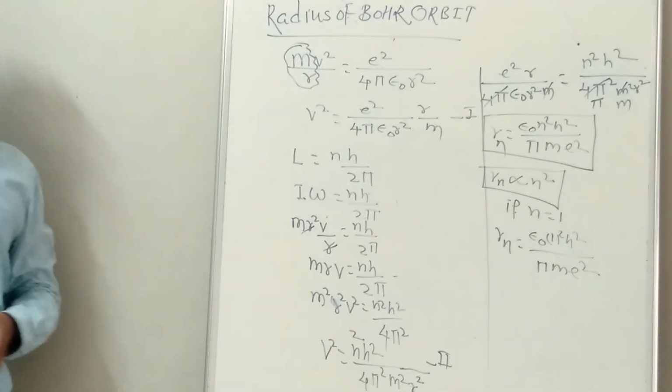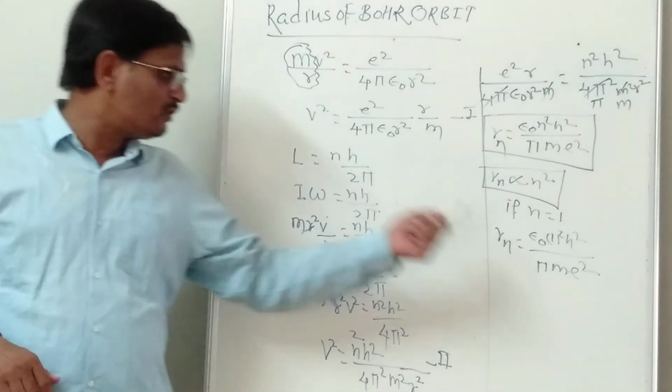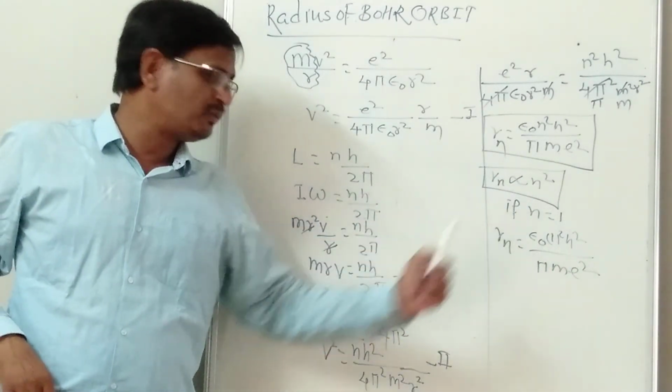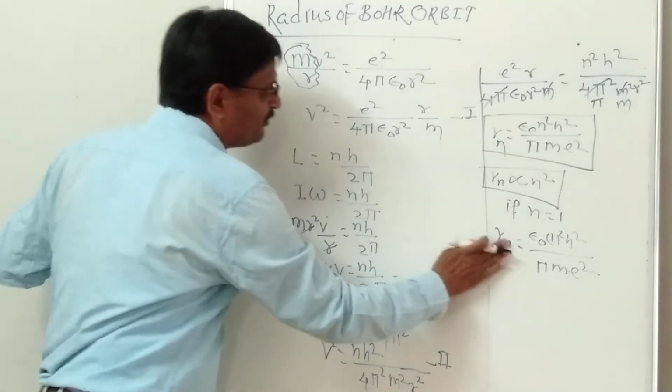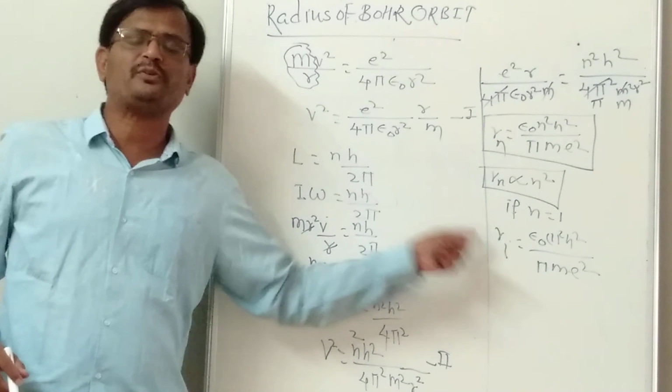If you put n is equal to 1, then the formula becomes ε0 1² h² upon πme². This is the radius of the first Bohr orbit. This is the formula for the radius of the first Bohr orbit.